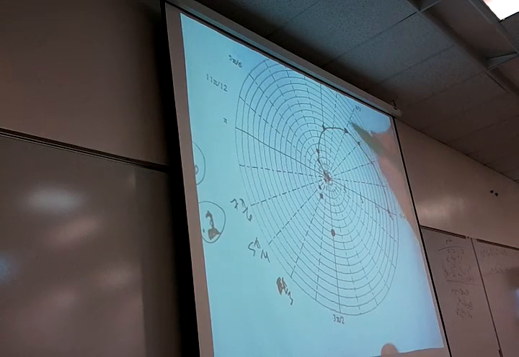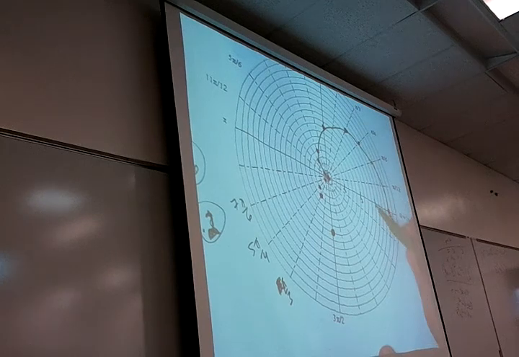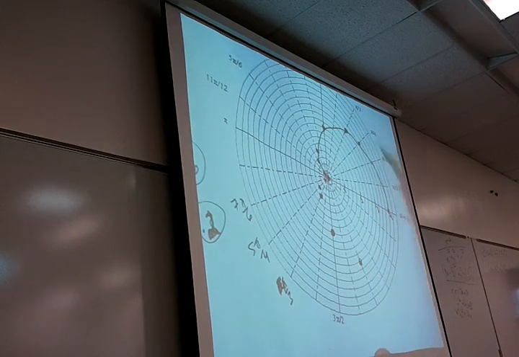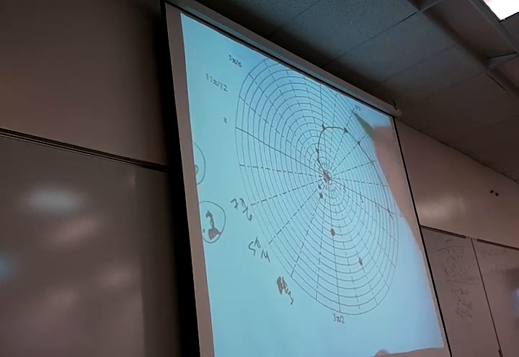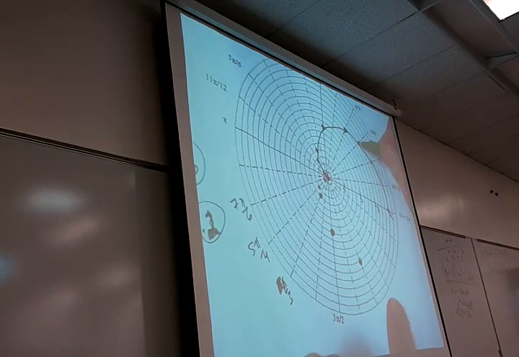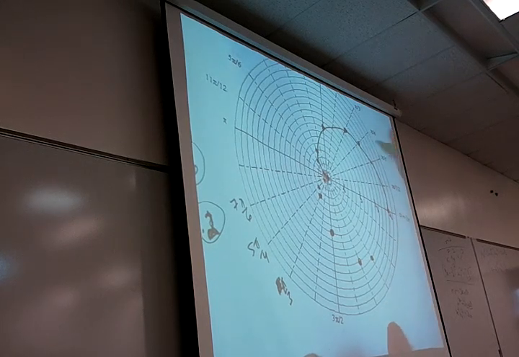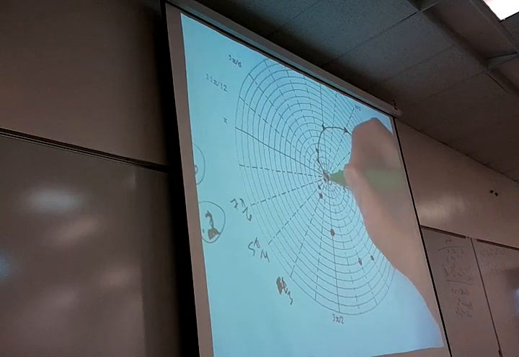At the pi over 3 reference, it's going to be 3. So there's a mirror image there. And then at the pi over 4, it's going to be just a bit over 3. And then the pi over 6 is going to be right in the middle of 3 and 4. And then finally it's going to be back at 4. So it's going to come back out.